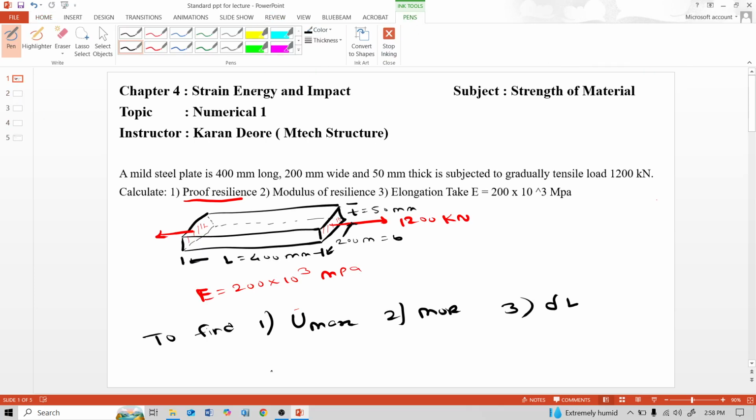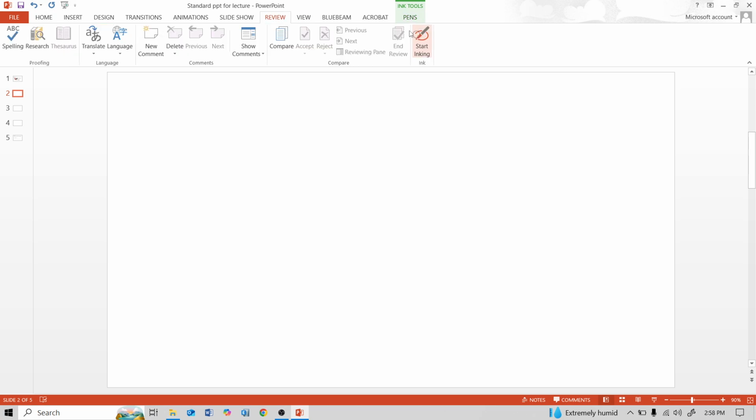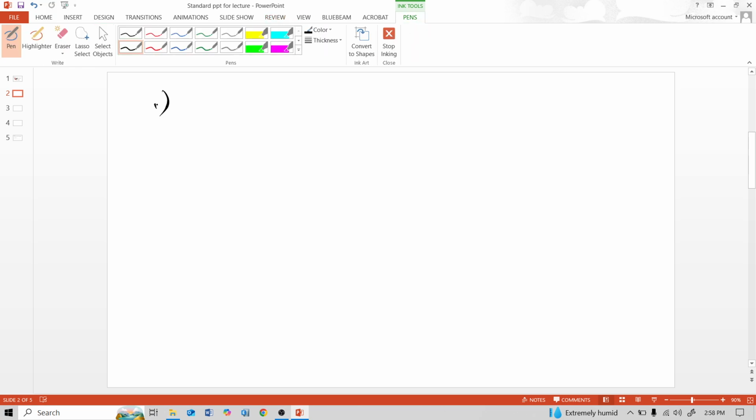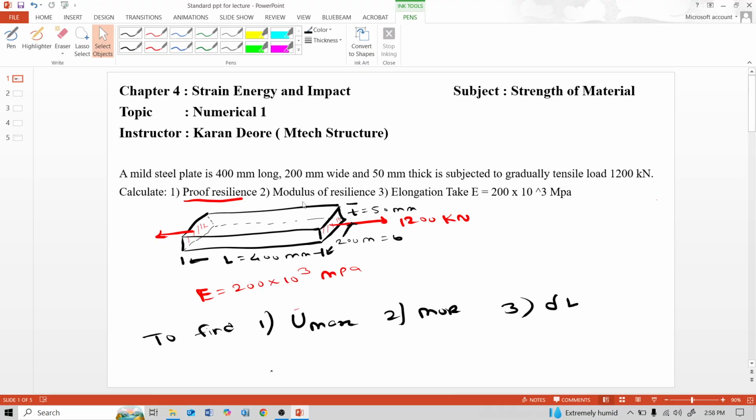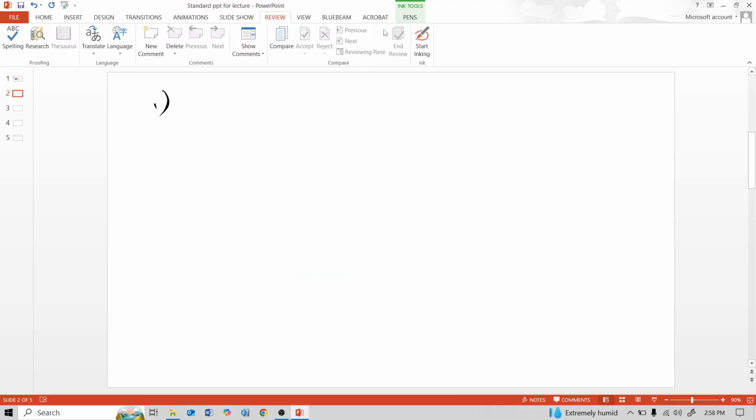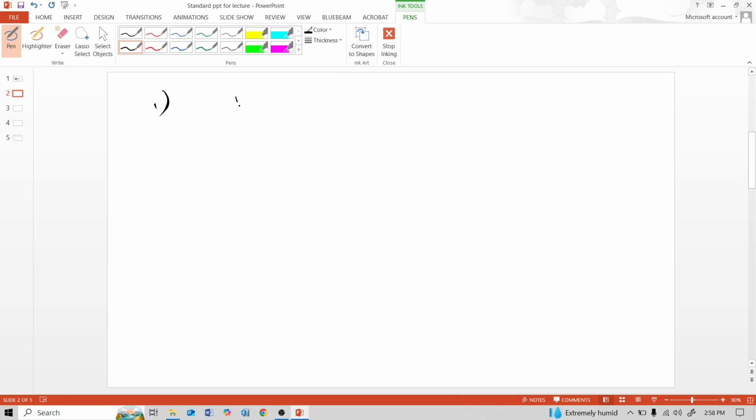And for that, U max, we all know the formula of U max, the proof resilience formula. U max is nothing but maximum stress square upon 2 into modulus of elasticity into area into length.